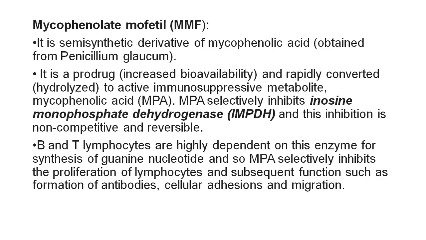So MPA, that is mycophenolic acid, inhibits the proliferation of lymphocytes and the subsequent functions such as formation of antibodies, cellular adhesions and migration. So this inhibits all these functions.